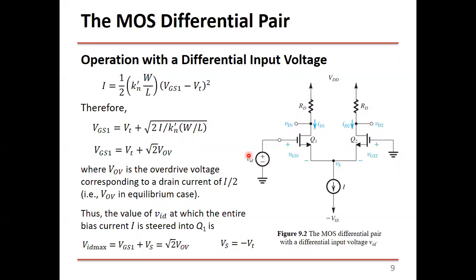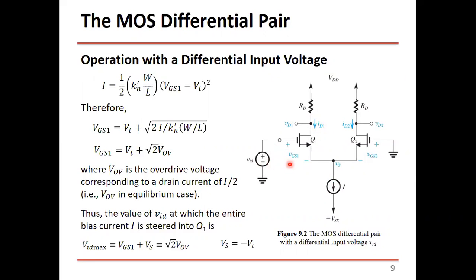So now we need to know how much is the maximum and minimum VID that will steer the current. You know that the maximum current of ID1 is I, and the maximum current of ID2 is I. So let's assume that now I apply the voltage here that makes ID1 equal I. We need to find this voltage.